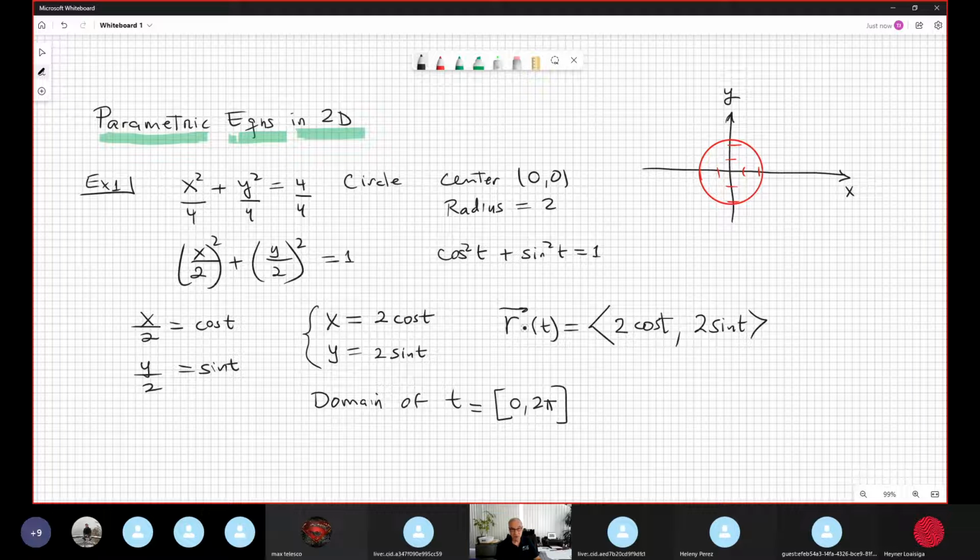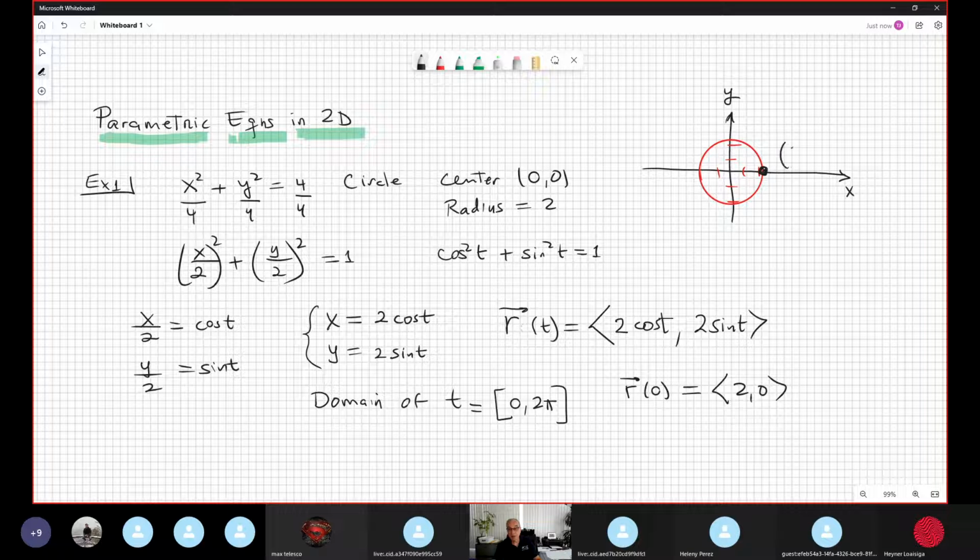Now it's important, for example, to evaluate at 0. You evaluate the vector valued function at 0. We have (2, 0), because cosine 0 is 1 and sine 0 is 0. And you plot this point, or this vector, which is the same, it is this point.